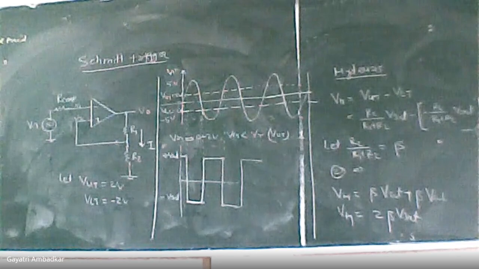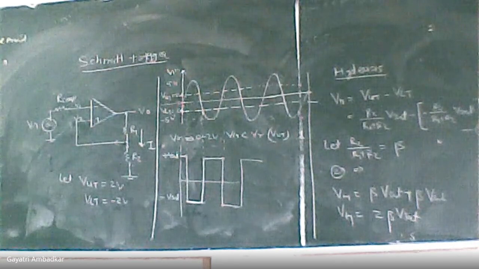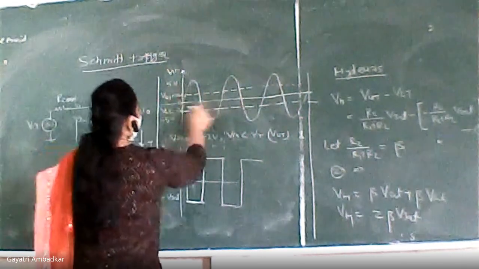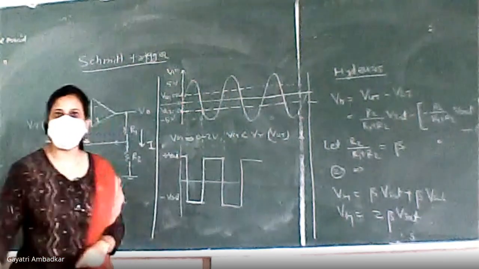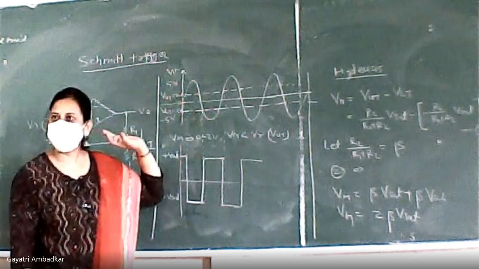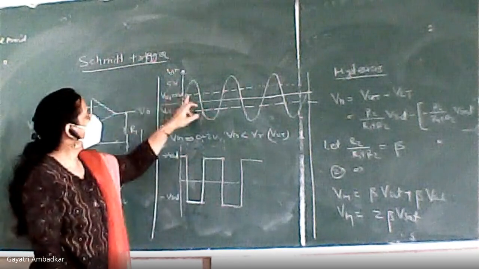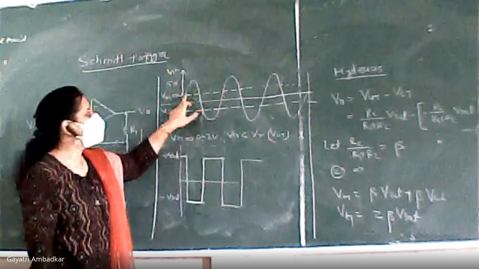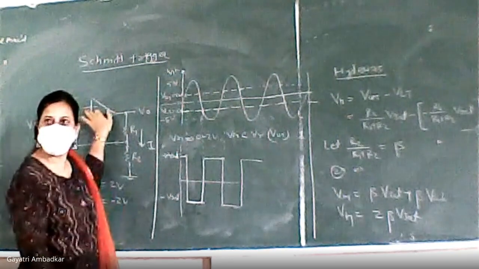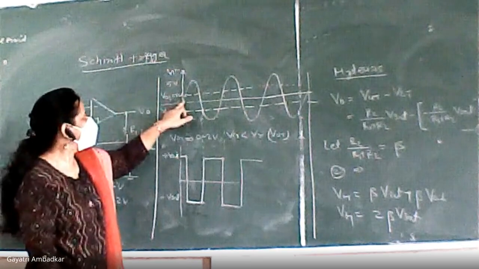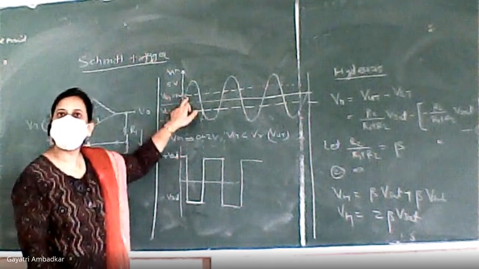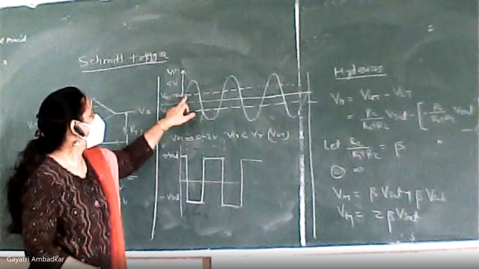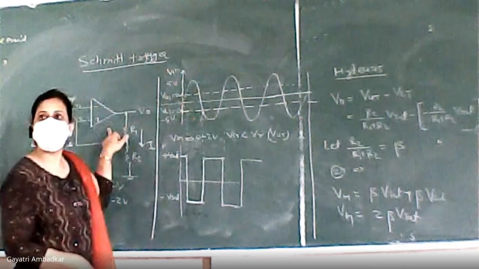Therefore, when you want to draw the waveform, draw a sinusoidal signal, and draw your reference voltages also, that is VUT and VLT. And find when the input is greater or less. Input is connected to the inverting terminal. So whenever input is less than the reference voltage, you will get output equal to plus VSAT.